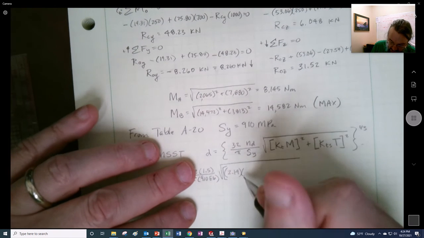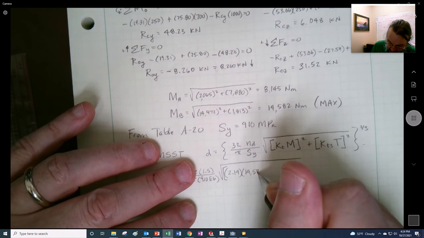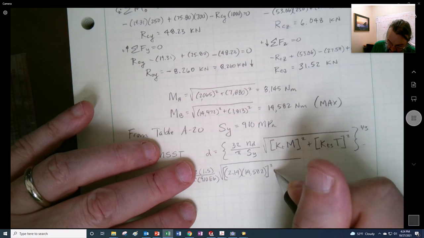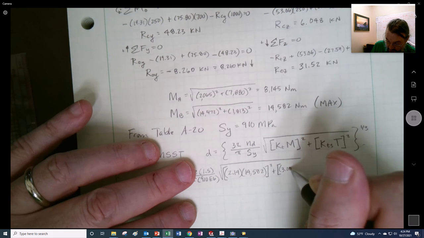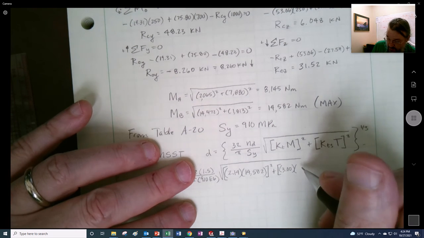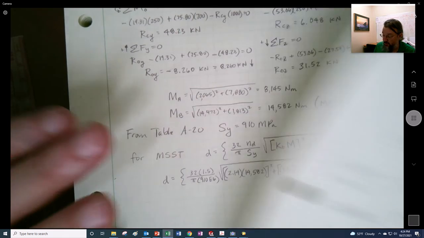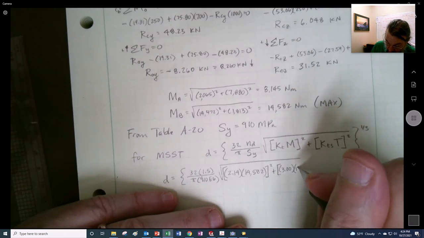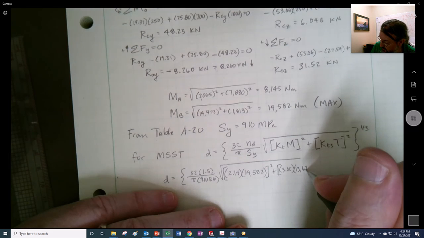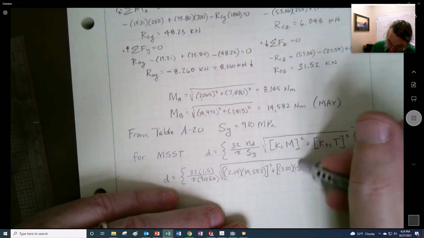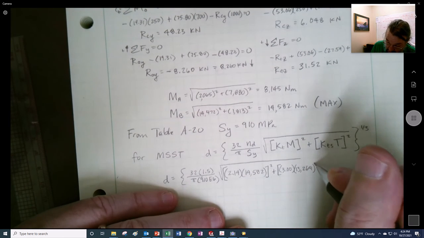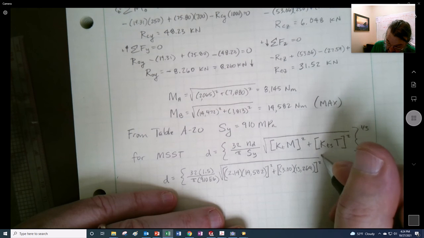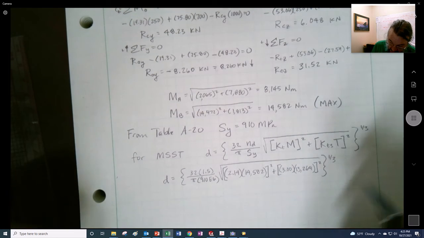Times that moment we just found, 14,582, squared. And then take 3.00 times the torque, which we found early on, 13,264. The quantity squared, and that entire thing taken to the third.